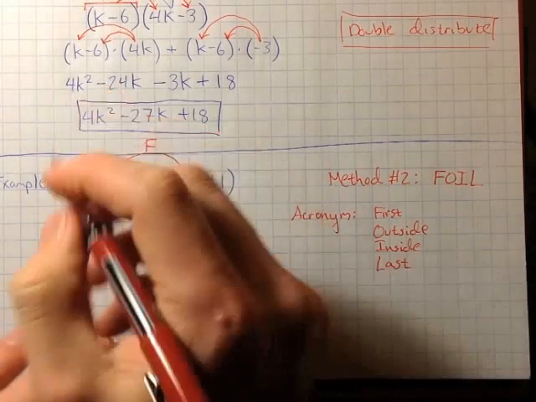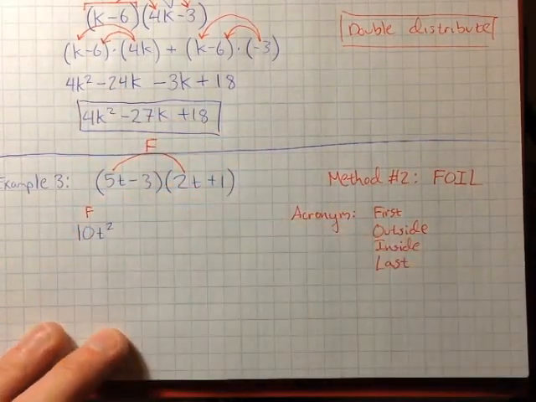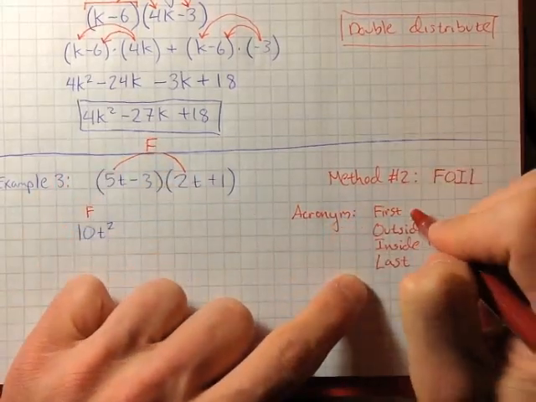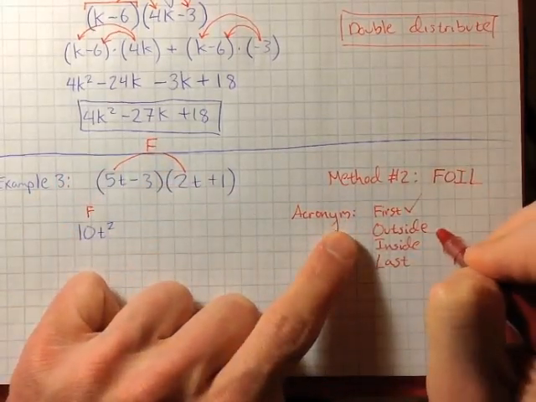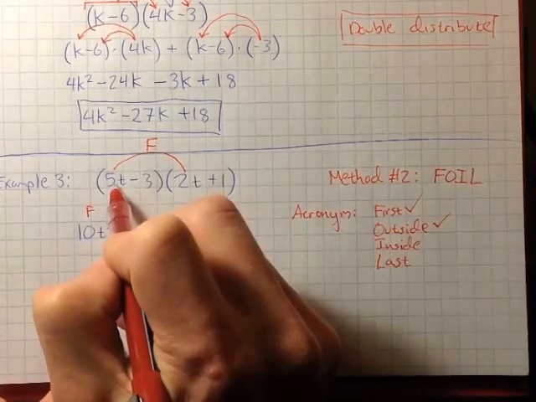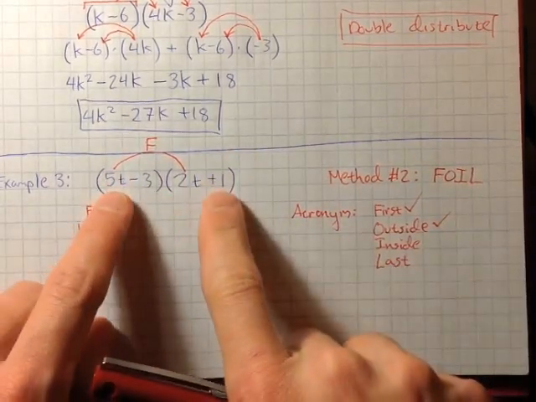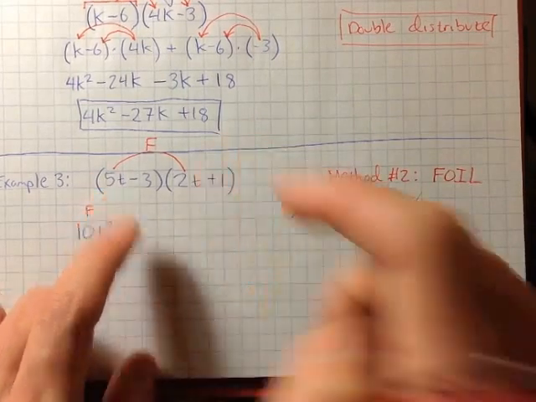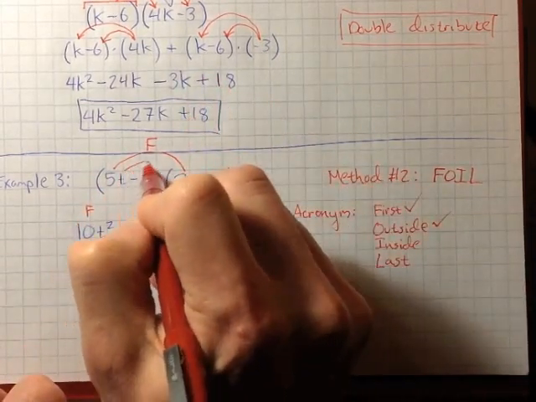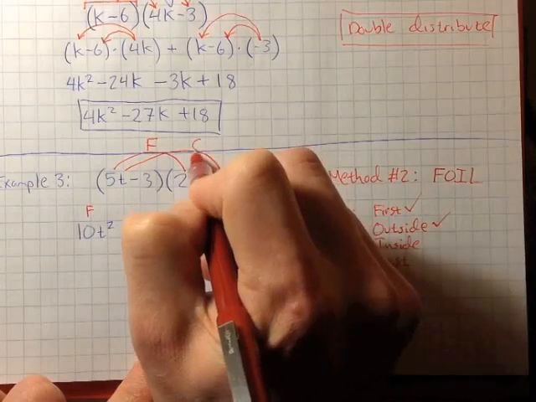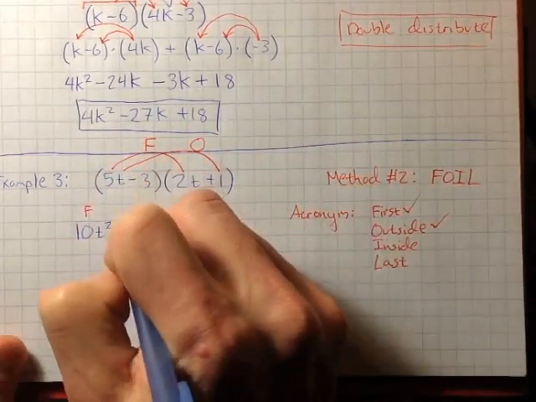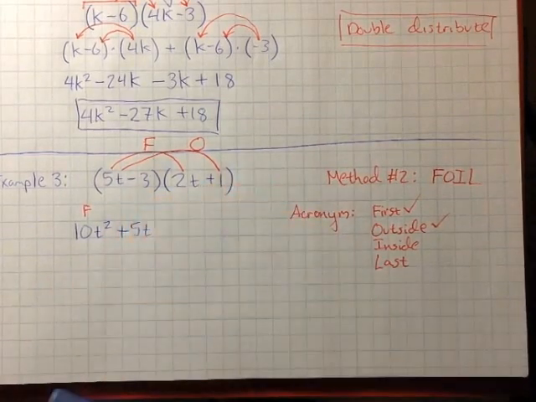So that is the result of multiplying the first two terms. Now we've done first, now we're going to multiply the outside terms. 5t and 1 are the outside terms. 5t times 1 is the O. 5t times 1 is just 5t, so plus 5t gives us O.